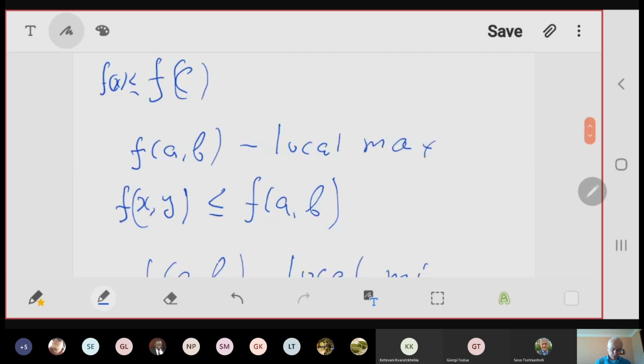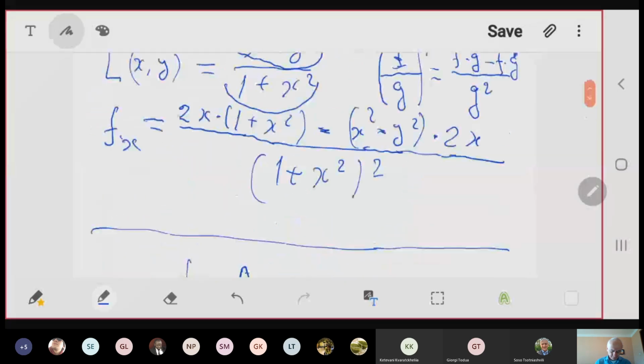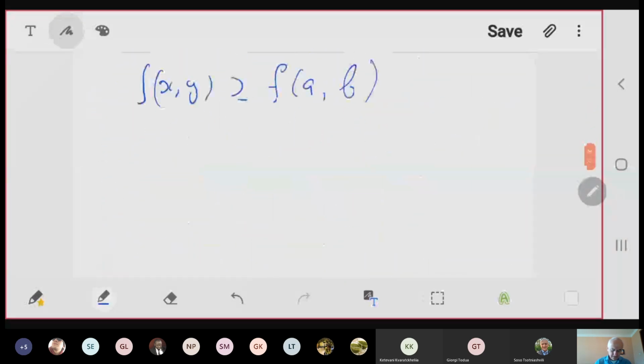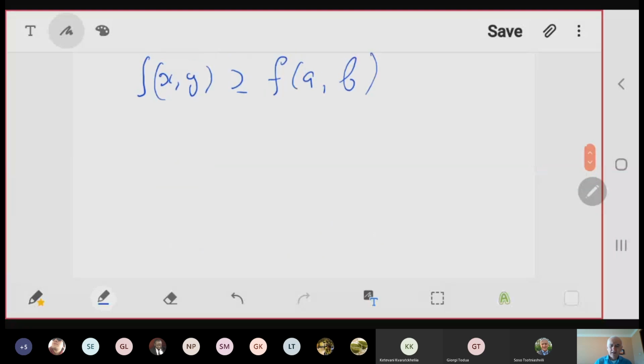And as you remember, in case of a function of one variable, we had a necessary condition for point c to be a local maximum or local minimum, and both maximum and minimum are called extremum.